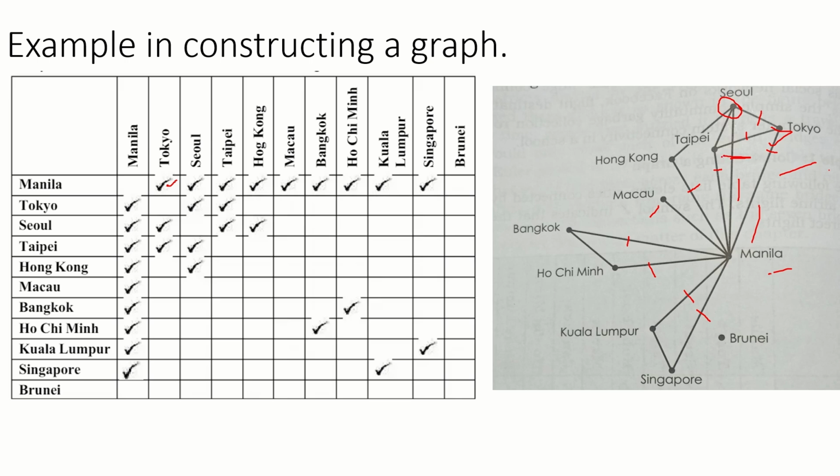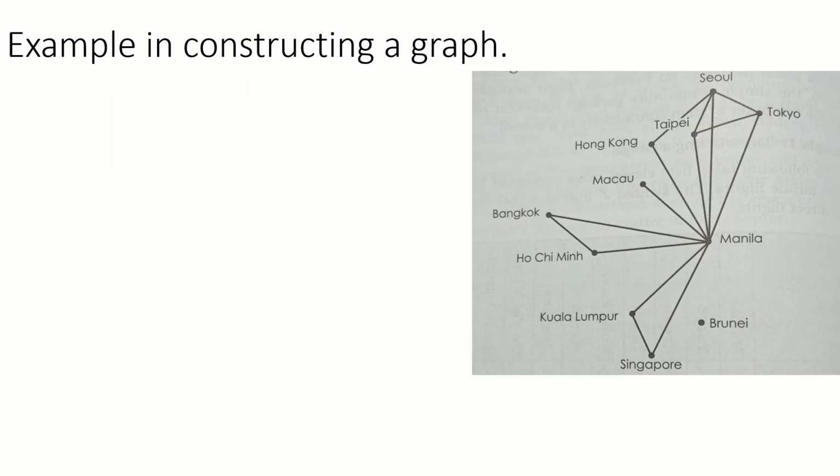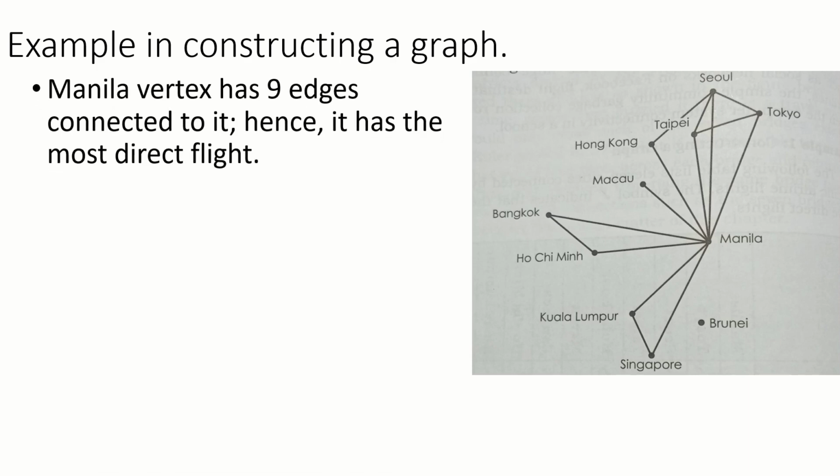Next is to Tokyo. So this one. And then to Taipei. Where is Taipei? Taipei is actually this one. And then to Hong Kong. And so on. So you just make lines to show that the two cities have direct flights. So in short, this is now our final graph for the given information.